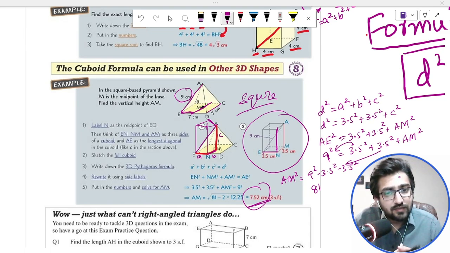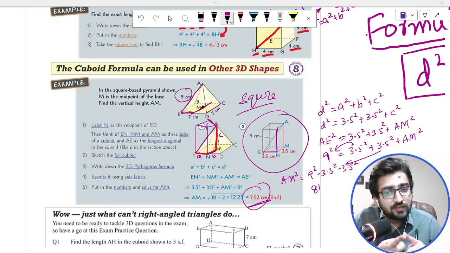By the way, that AM can be solved in another way as well, right? But at this point, you learn three-dimensional Pythagoras theorem and try to use this concept on different shapes. You will be studying three-dimensional shapes in geometry as well, right?